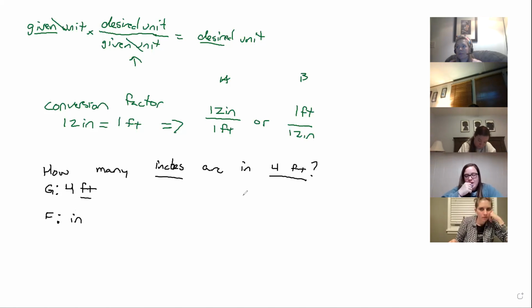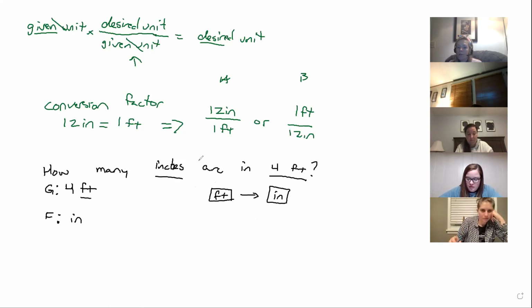So the slides are going to kind of guide you into creating what is known as a flow chart. So it's kind of like this, but they add a little bit more. So we're going to put feet, they put it in a nifty box, they put inches in a nifty box, and then they put an arrow between it. The arrow here is representing how I get from here to here. So if I'm trying to change units, this is where I want to do dimensional analysis, and I need one of these conversion factors.